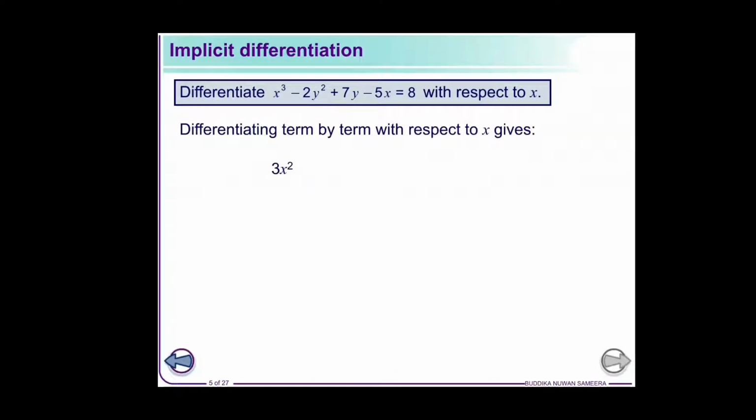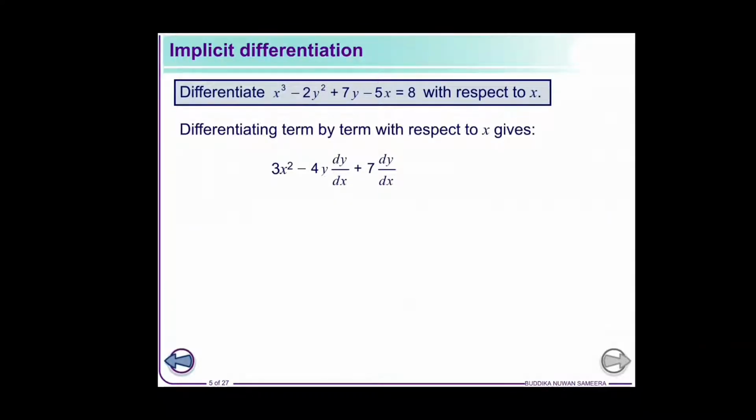Okay, x cube you can easily differentiate. When you differentiate x cube, the answer is 3x square. When you differentiate minus 2y square, first you have to differentiate with respect to y, so the answer is minus 4y. Then you have to multiply it by dy over dx also, and the same thing we have to do for 7y also.